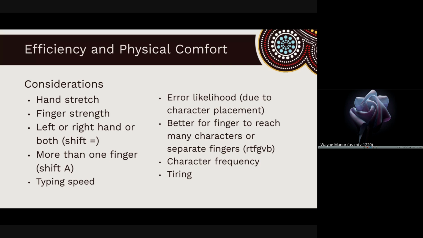People get faster as they learn where the characters and the keys are. But things like the size of your hand and how you have to stretch and where you put the characters you're going to use most often become an important part of the design. The QWERTY layout that anybody who uses or writes in English is pretty familiar with is notably inefficient in terms of where the keys are placed.